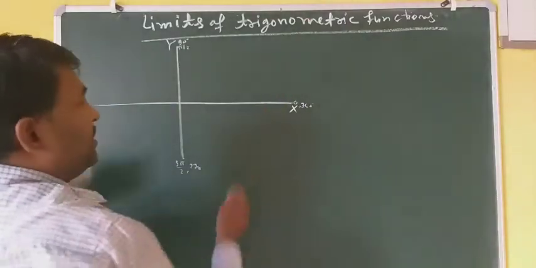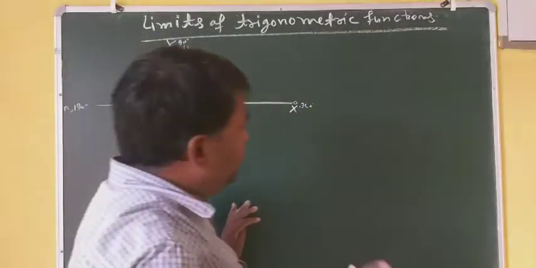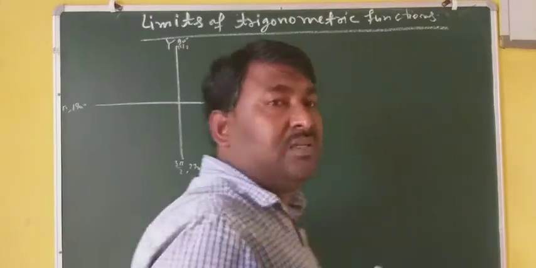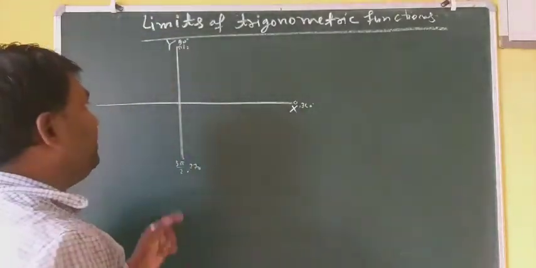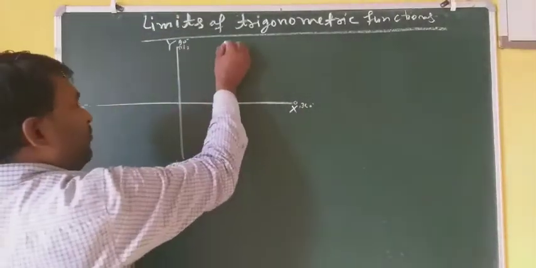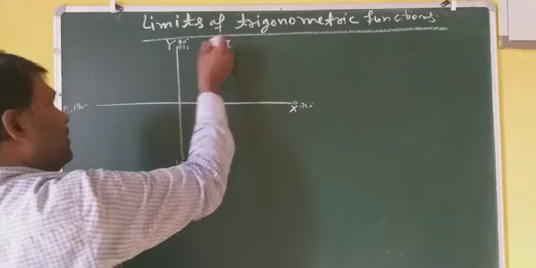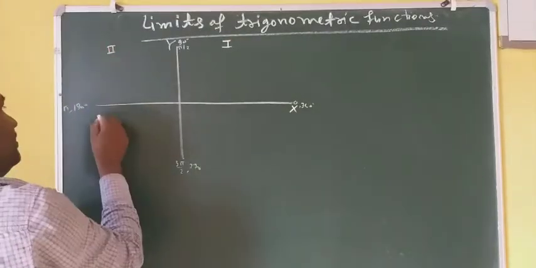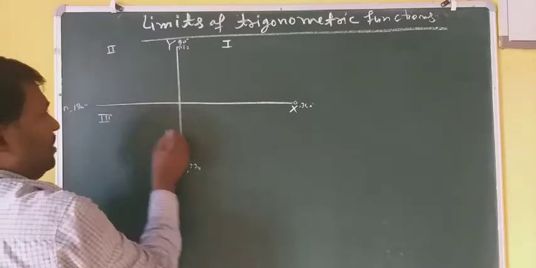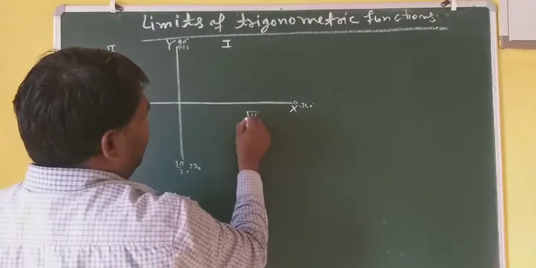Now, how do trigonometric ratios change when the angle changes? Just keep in mind: this is your first quadrant, this is your second quadrant, this is your third one, and this is your fourth one.